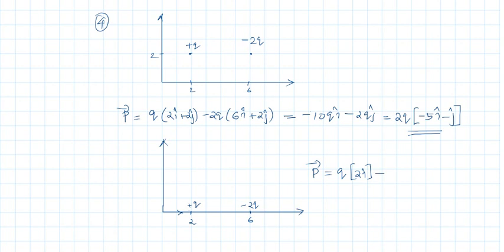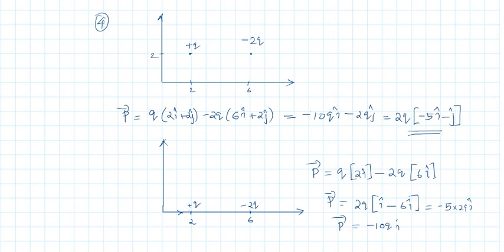The second charge is minus 2q and its position vector is 6 i cap. So P is equal to 2q, you can take outside, 1 i cap minus 6 i cap. So it is minus 5 into 2q i cap, or P is minus 10q i cap.